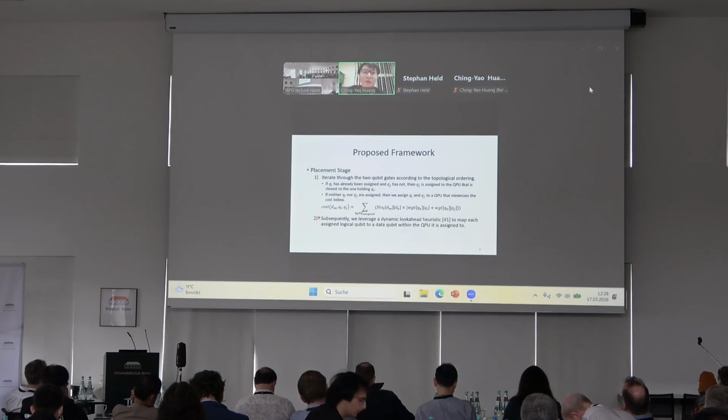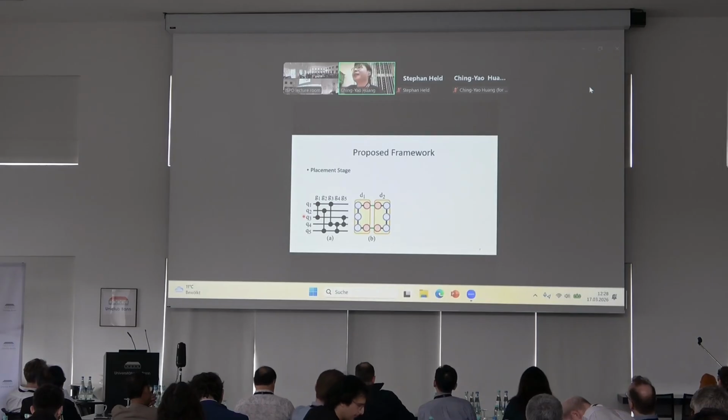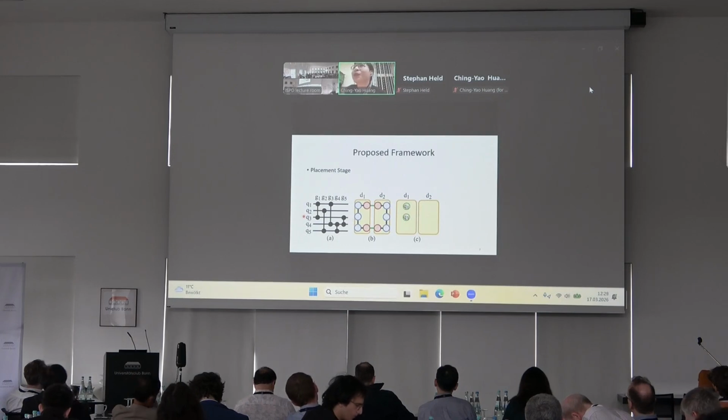Here I provide an example to illustrate the placement process. We consider the quantum circuit in figure A and the modular quantum system in figure B. In the first iteration, the operands of gate G1, Q1 and Q3, are assigned to QPU1, as illustrated in figure C. In the second iteration, the operands of G2, Q2 and Q5, are assigned to QPU2 due to the capacity limitation of D1.